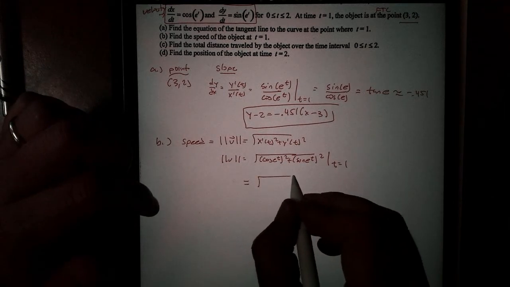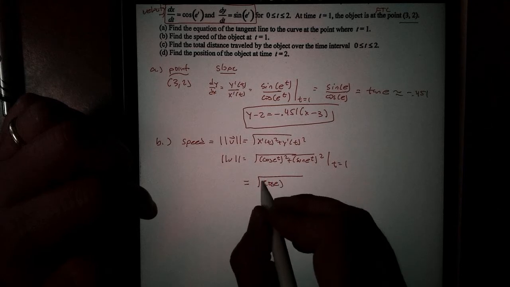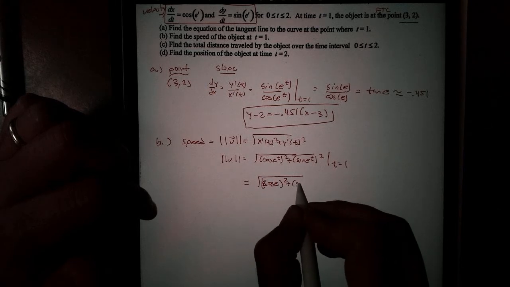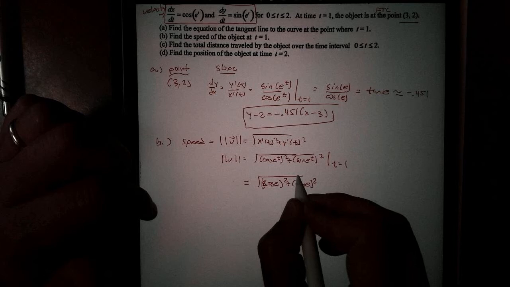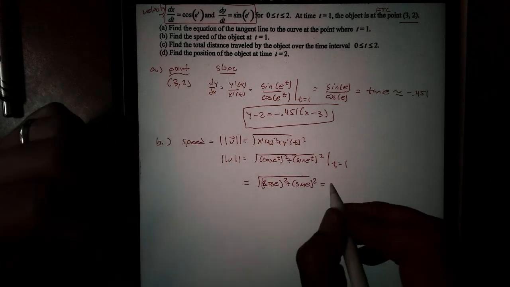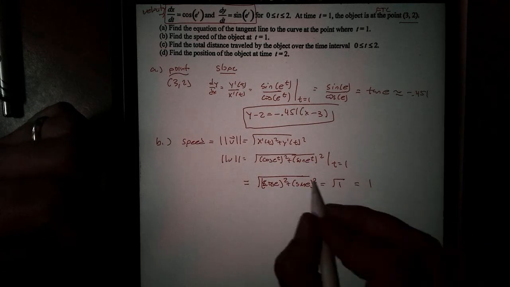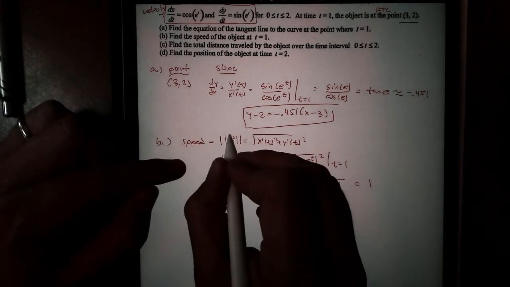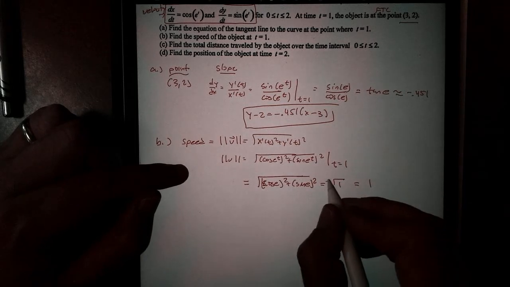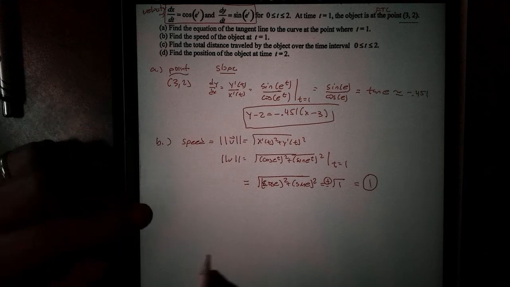What is the cosine of e squared plus the sine of e squared? Well, again, this is just cosine squared plus sine squared, which is 1. This is square root of 1, which is going to be 1. Now, we do get plus or minus, but speed is a magnitude, so it's always positive.